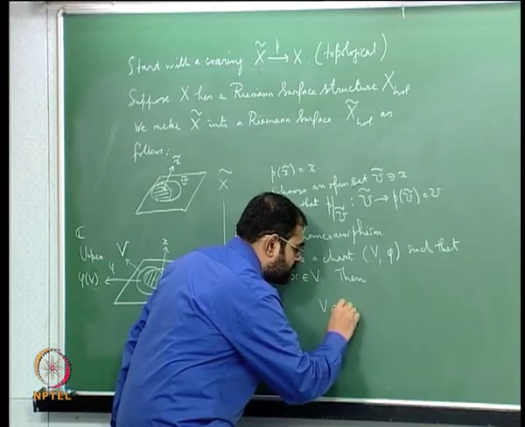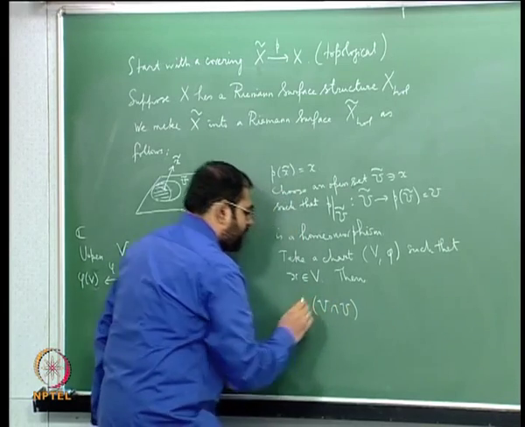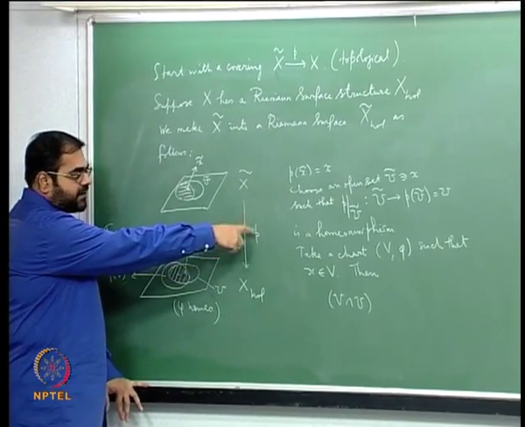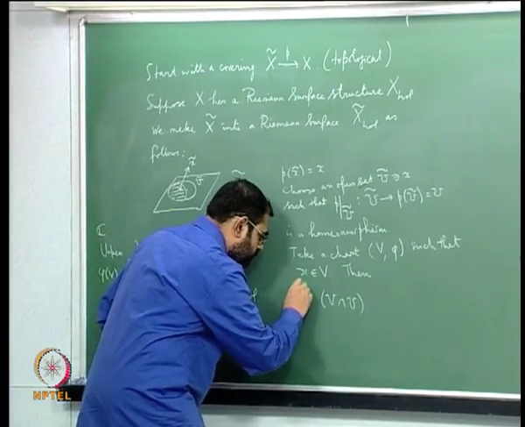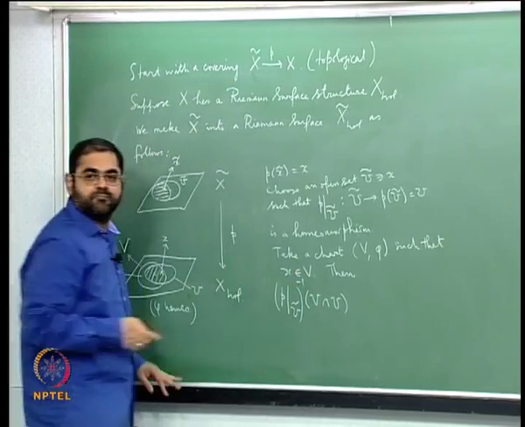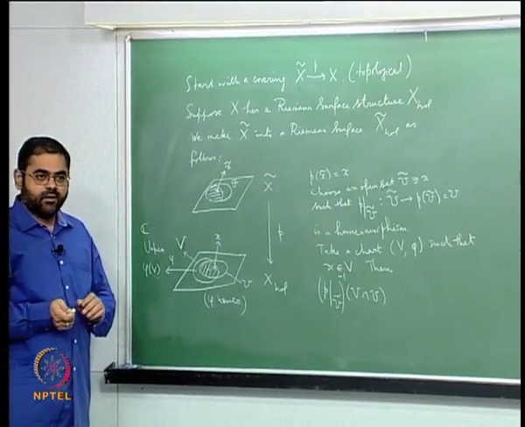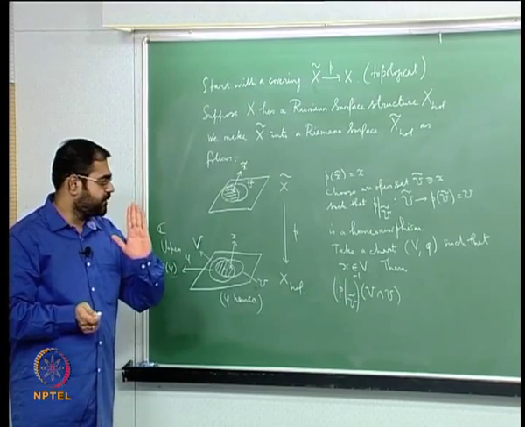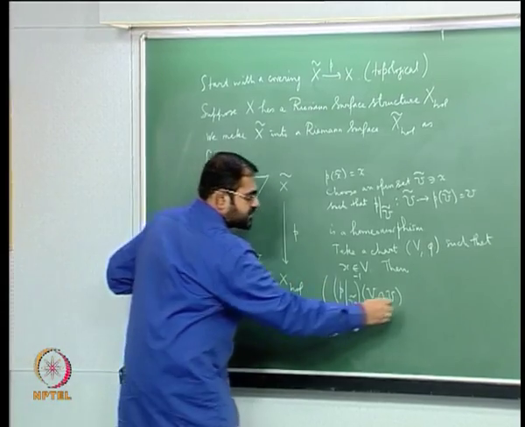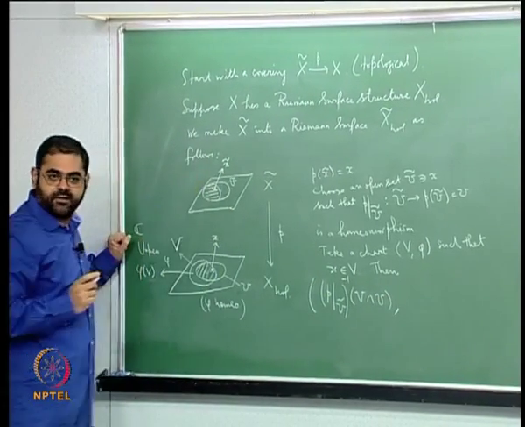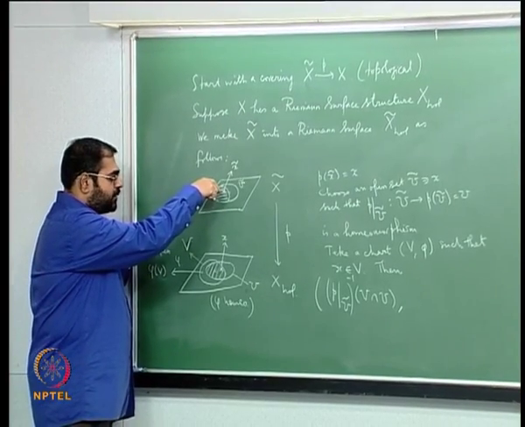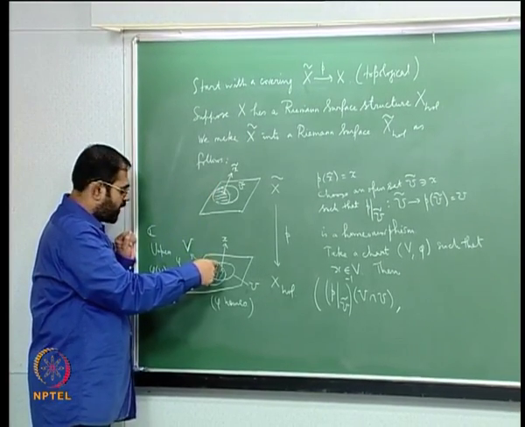Then I take its inverse image under P restricted to U tilde. Mind you, I can write inverse because P restricted to U tilde is a homeomorphism. That gives me this shaded region, an open set containing x tilde, and the map I take is P followed by φ.